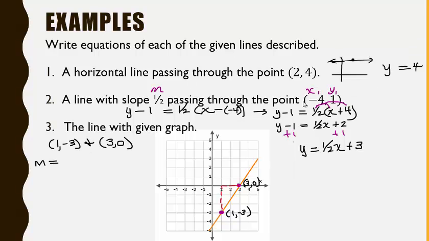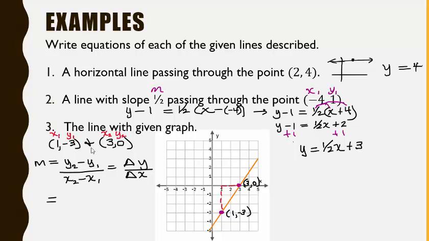Another option is to use the slope formula, which is m equals y2 minus y1 over x2 minus x1, which is delta y over delta x, read as change in y over change in x.